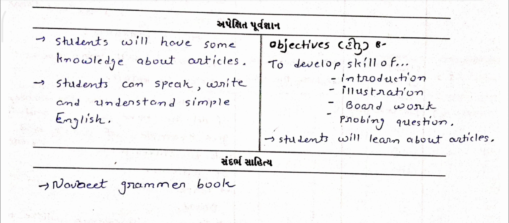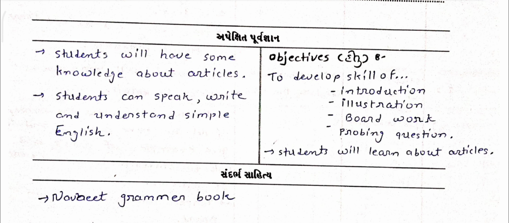On the right side I have written the objectives of the lesson plan: to develop the skills of introduction, illustration, board work and probing questions, and second, students will learn about articles.